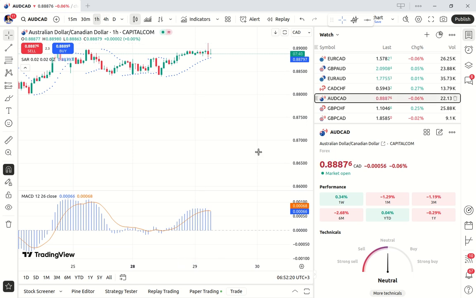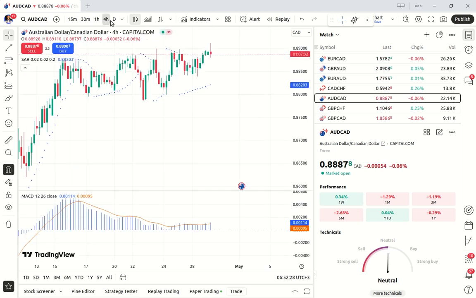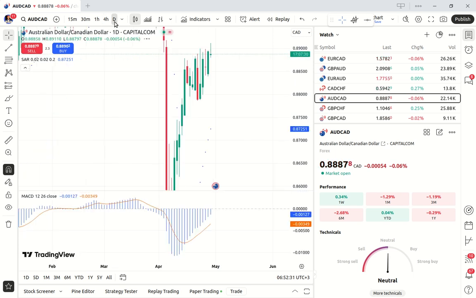So this one is almost there. The moment it crosses that line, it will be a good buy, because it's already crossed that line on the 4-hour and on the daily.